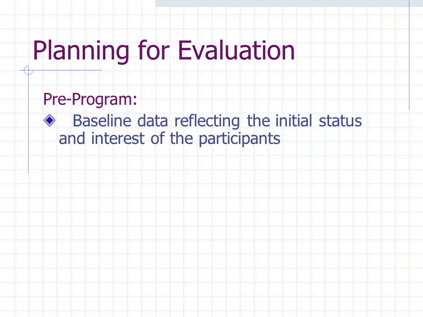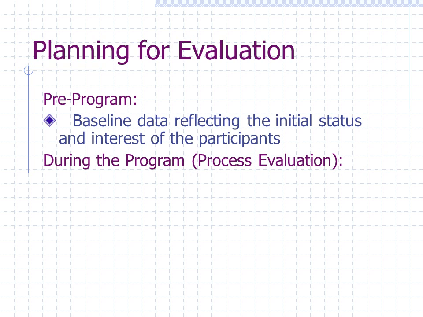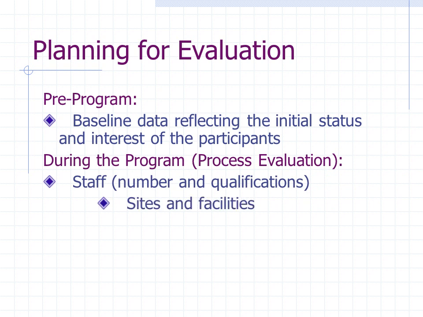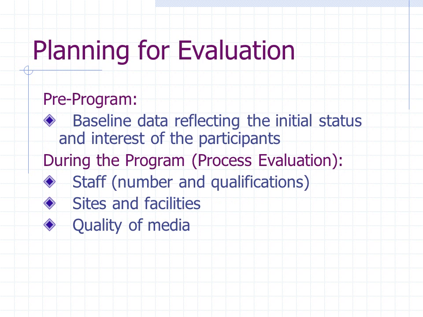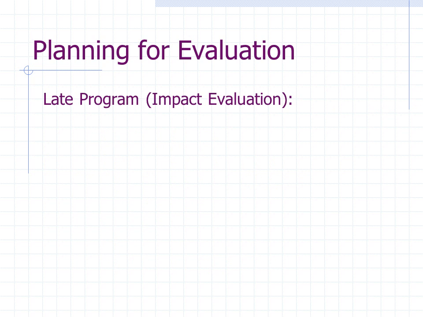Okay, so planning for evaluation, pre-program, we get the baseline data that reflects the initial status and interest of the participants. During the program, we look at things related to process evaluation: staff, sites and facilities, quality of media and things that we're using, participant satisfaction. And then late program, that's the impact evaluation.